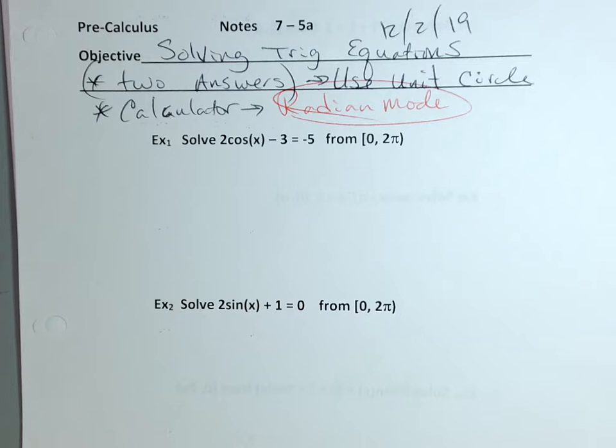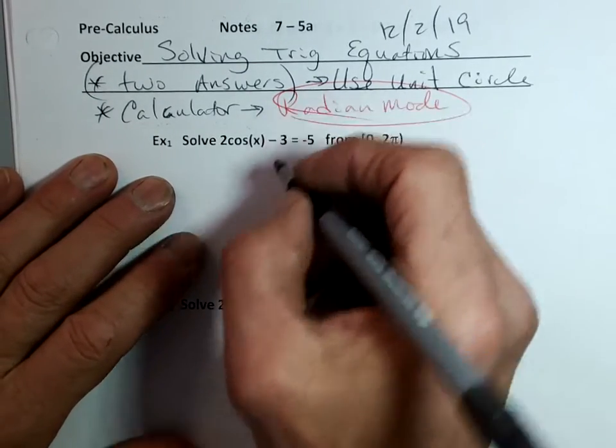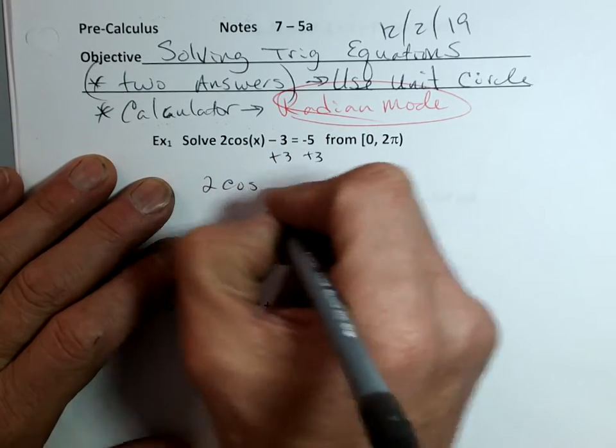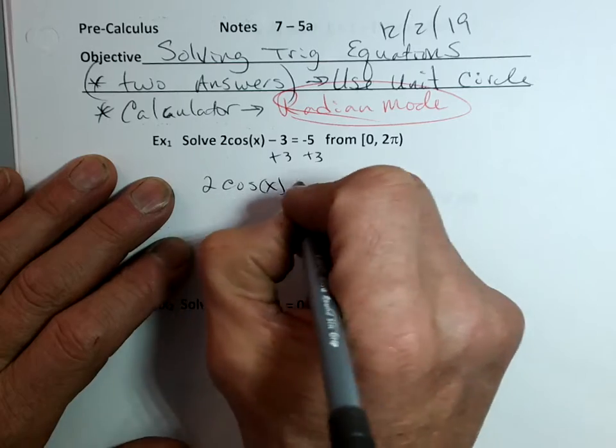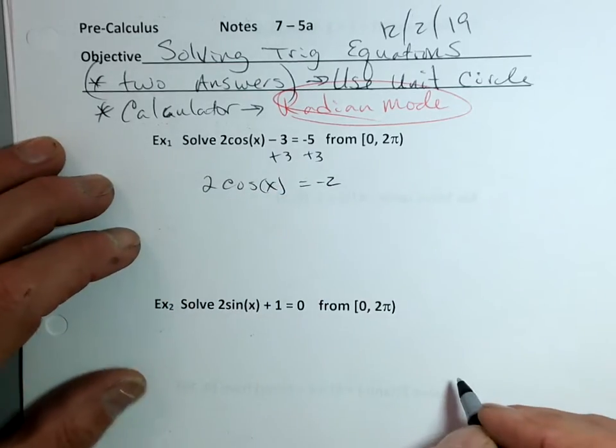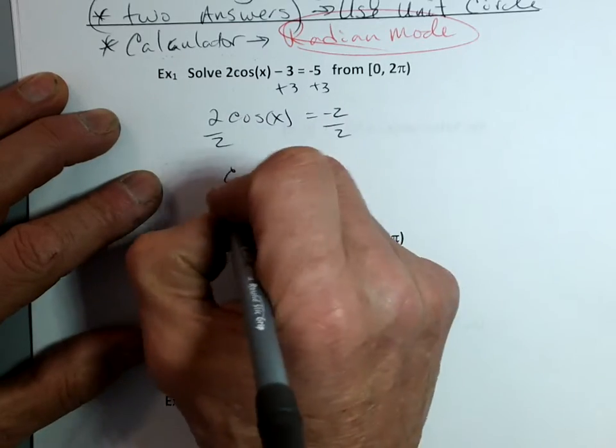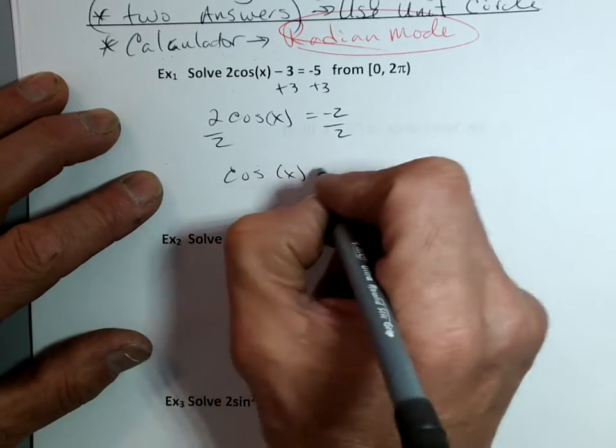So we're going to solve. 2 cosine x is equal to negative 2, right? Divide by 2, cosine of x is equal to negative 1.